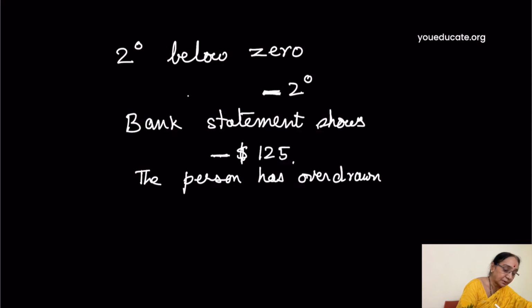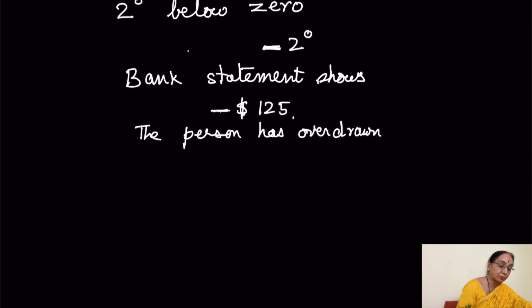I've given two examples where the quantity is negative. Now let us do some calculation with these negative numbers. Of course, positive you know. Suppose you climb a hill and you have climbed up 10 meters above the ground level, that means you have gone up by 10 meters.